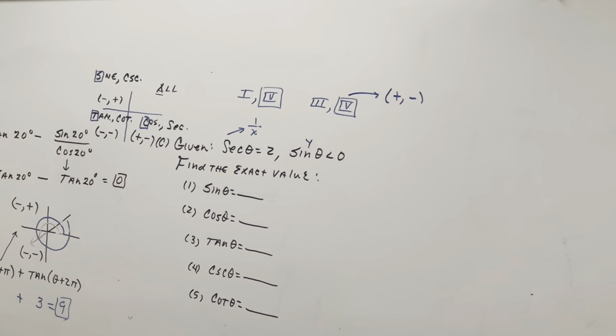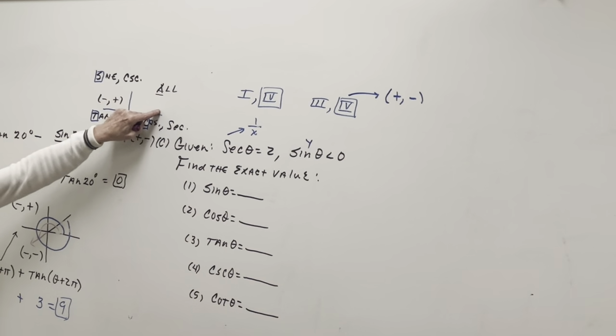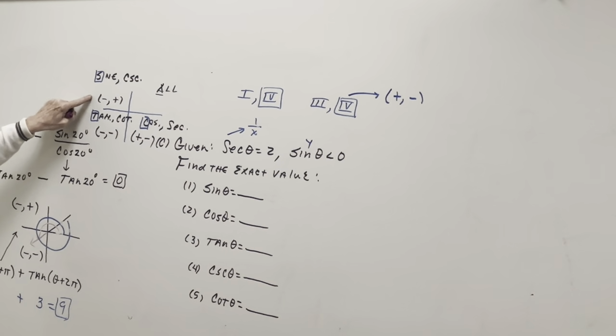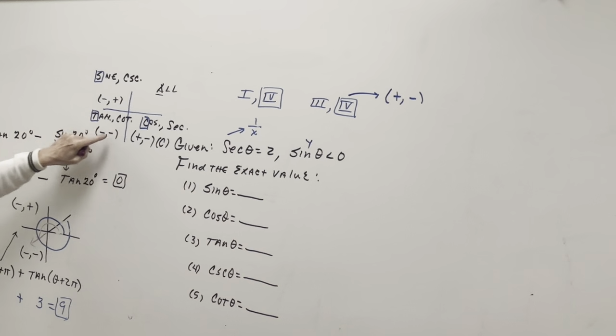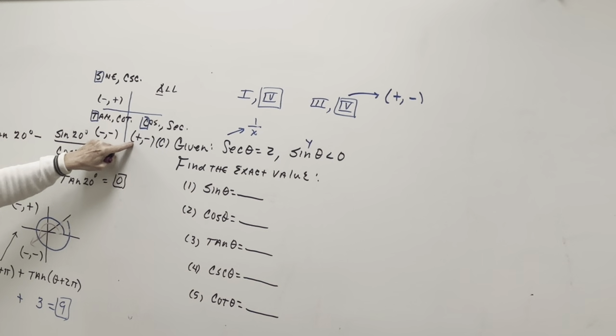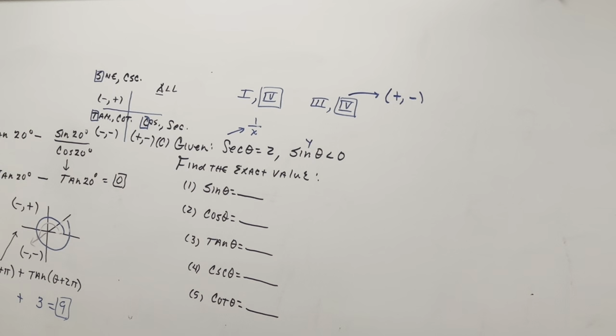A is for all, S for students, T for take, and C for calculus. So all students take calculus, which helps me remember which ones are positive in which quadrants. Just a little thing to remember which is which. Okay, guys, that may help us.